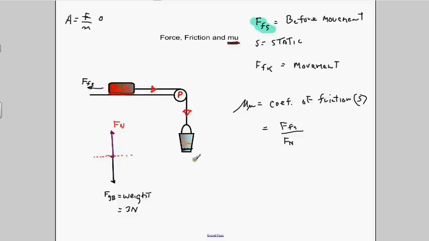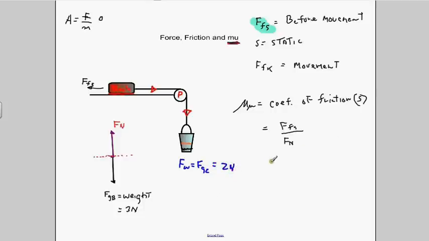Now we're also going to give a value over here to the force weight inside the cup. Remember I told you, it's force weight, force gravity, Fg, and we're going to give that a value of, let's say, 2 newtons.